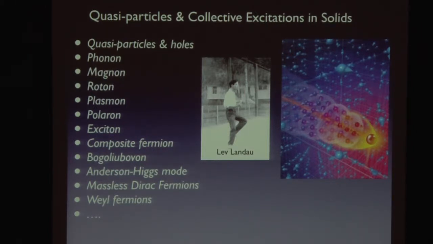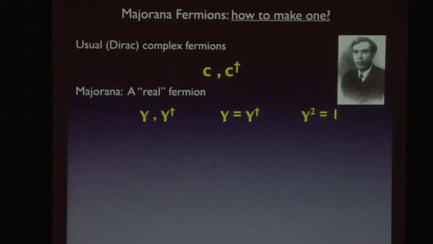In fact, this is perhaps what we find most fascinating about doing condensed matter physics, that solids give us the opportunity to engineer our universe and create for ourselves different kinds of quasi-particles. So it shouldn't surprise you to start thinking about whether there is a way in which we can create a Majorana fermion inside a solid.